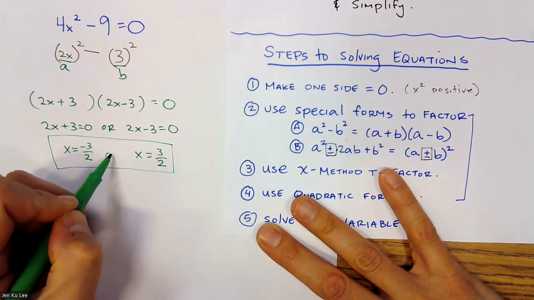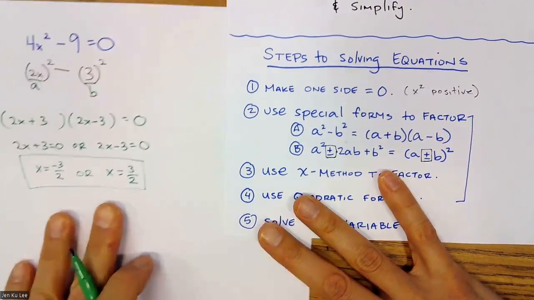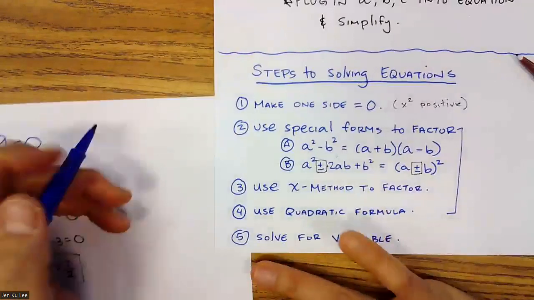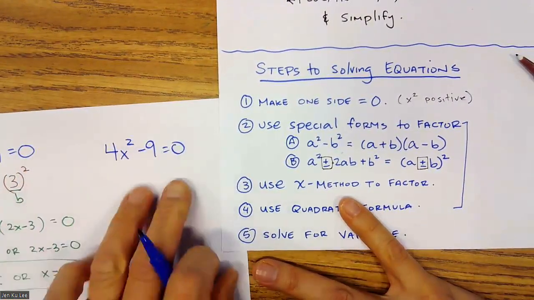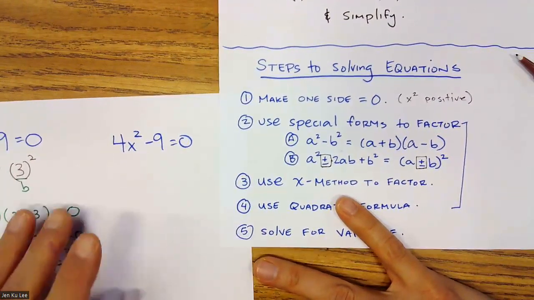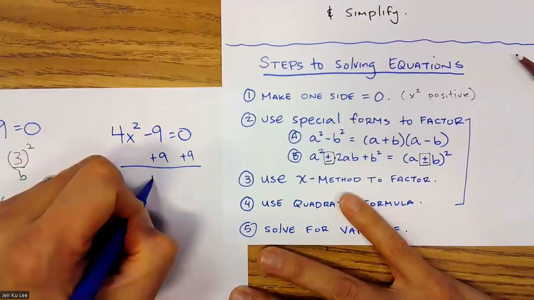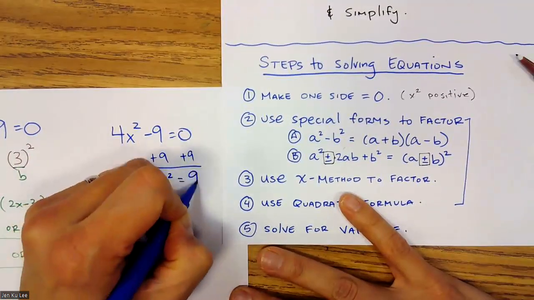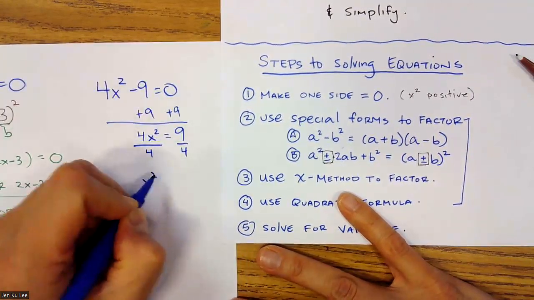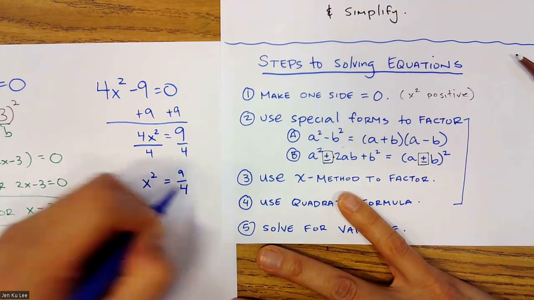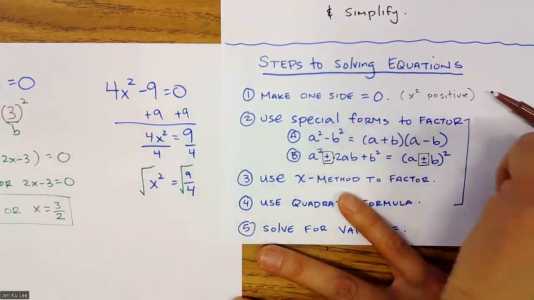And the reason why, like I said, we don't need to do all of this work is because if we have 4x squared minus 9 equals 0, we could just solve it for x, right? We could add 9 to both sides. 4x squared equals 9. Divide by 4 on both sides. x squared equals 9 over 4. Square root both sides.